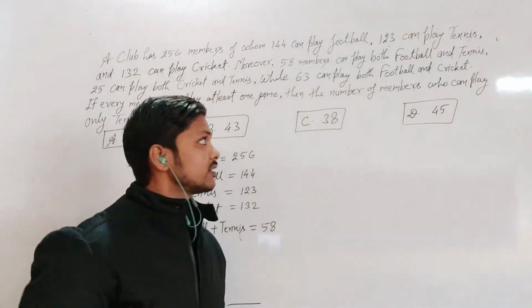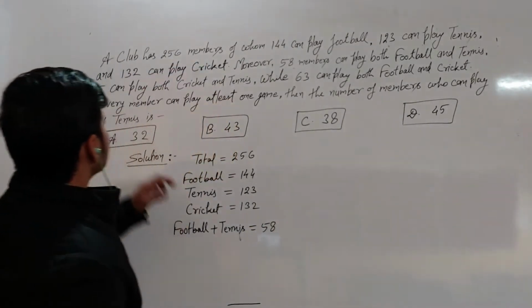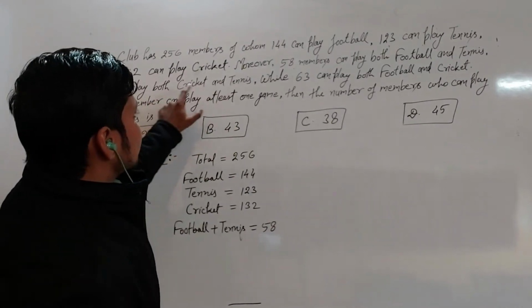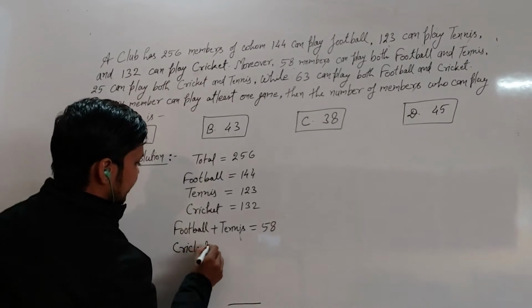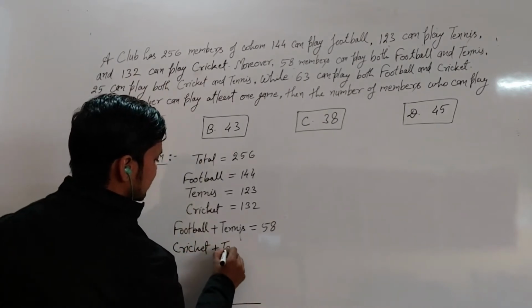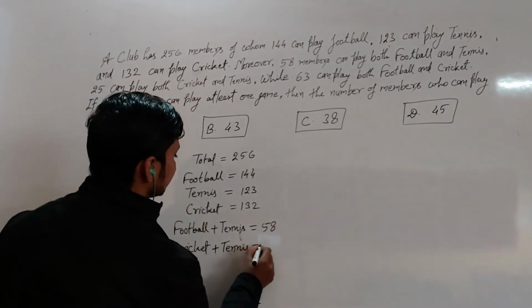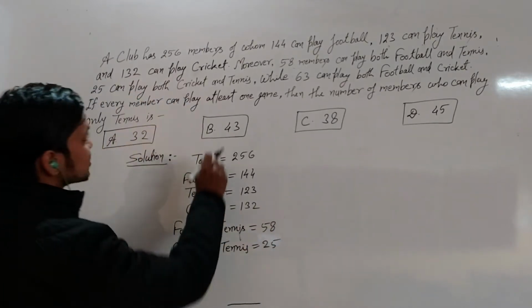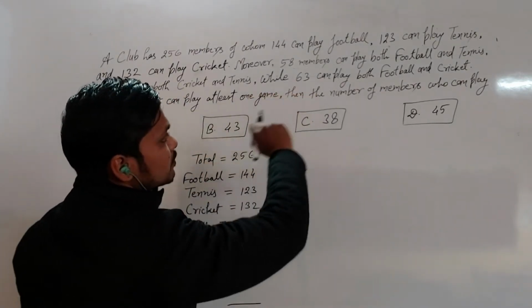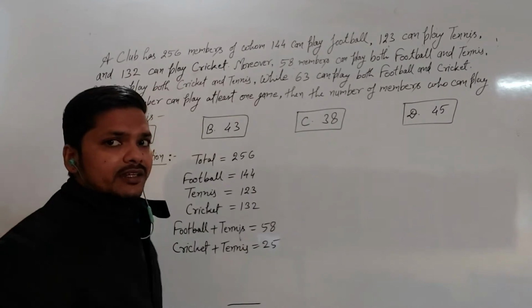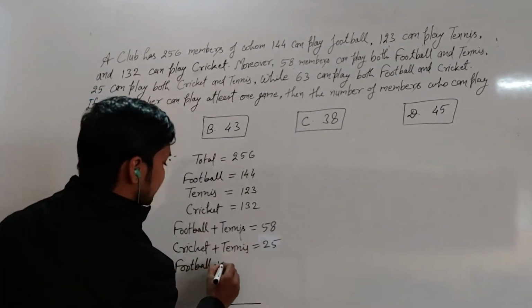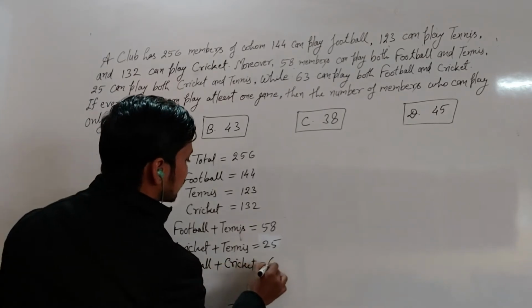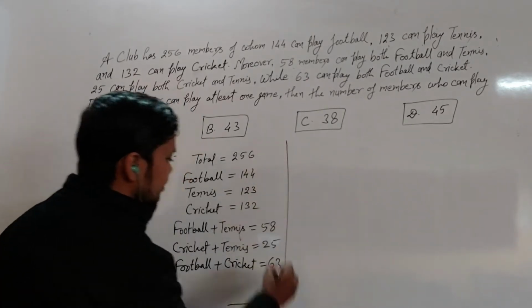Similarly, 25 players can play both cricket and tennis, so we can write cricket plus tennis, these are 25. And next, 63 can play both football and cricket, so we write football plus cricket, these are total 63 players.